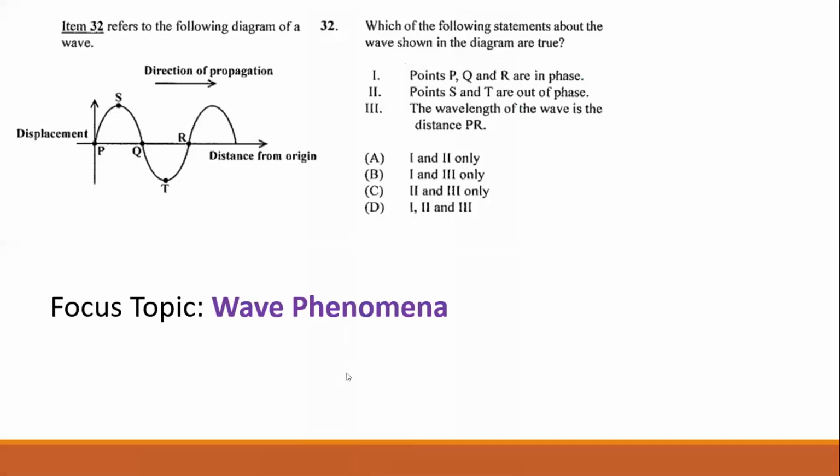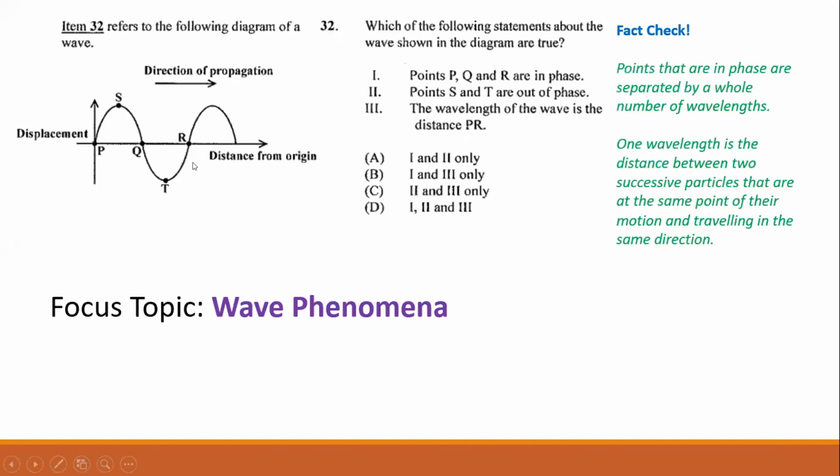Item 32, we have a diagram here with some points along a wave, and we want to find out which statements are true. We have P, Q, and R in phase, S and T are out of phase. The wavelength is the distance PR. Now, points that are in phase tend to be separated by a whole number of wavelengths.